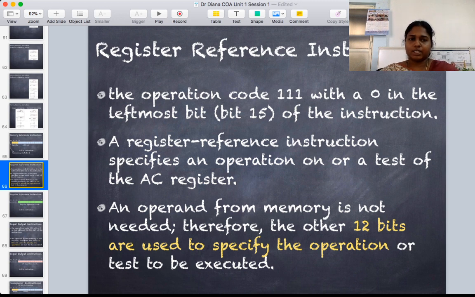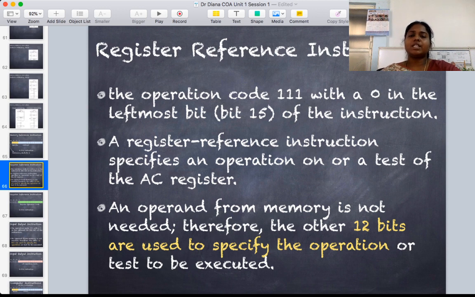We have two other registers other than the accumulator. What are those? The data register and the temporary register. So I can hold some values in the data register or temporary register, and I can do some arithmetic operations with those registers. Such an operation is called a register reference operation.